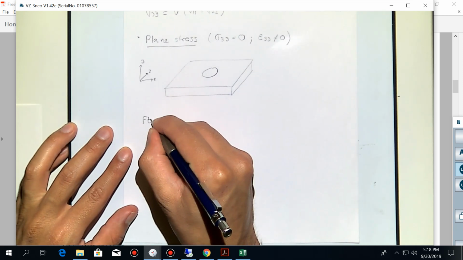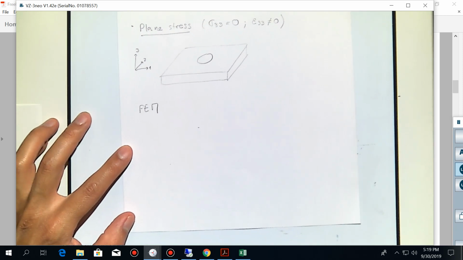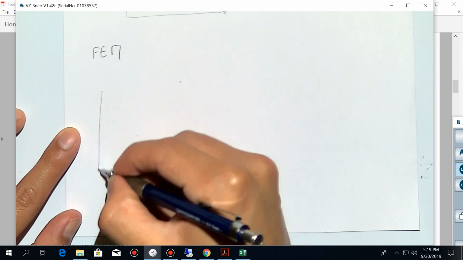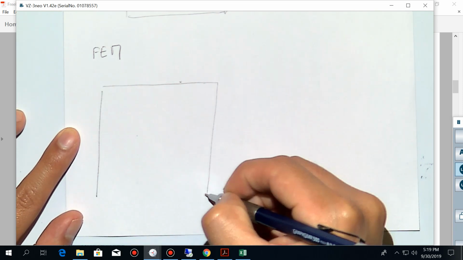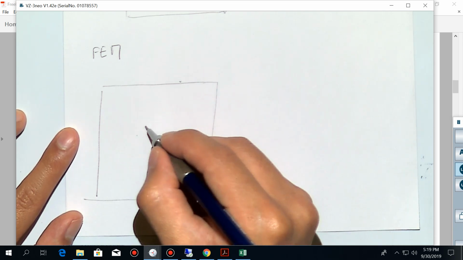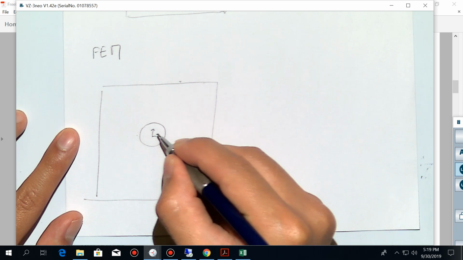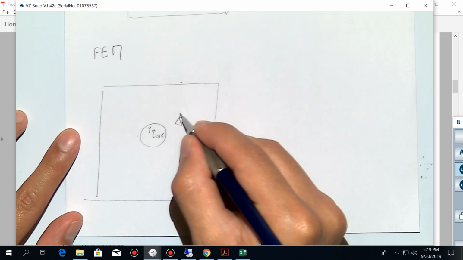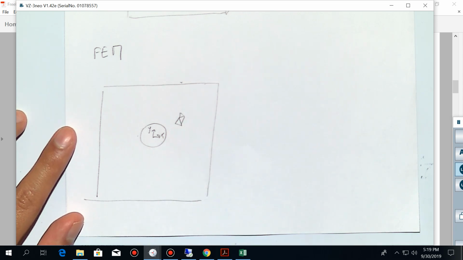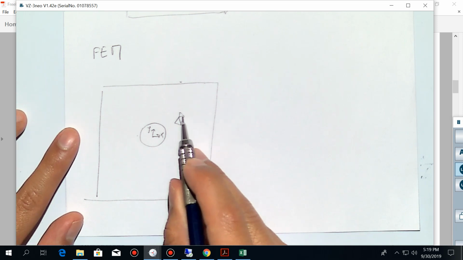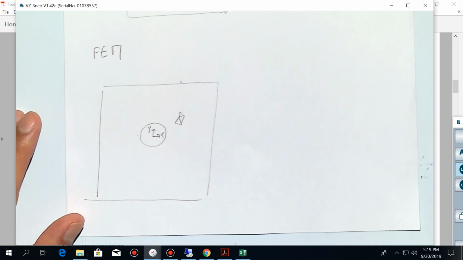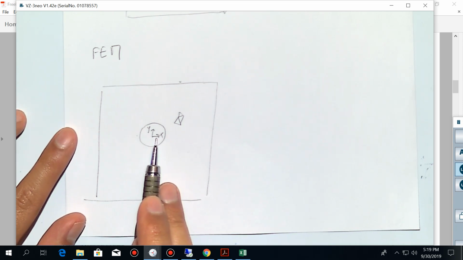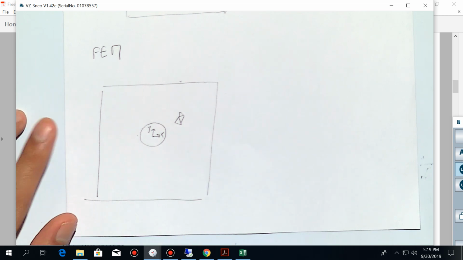So for the FreeFEM solution, or the finite element solution, you define a grid, and I think for this particular problem, the center was here, x, y, and we create all these triangles with a given position in x, y, and we solve for stresses at all those positions, but this is still a Cartesian coordinate because it's referred to a Cartesian coordinate system with x and y in perpendicular directions.